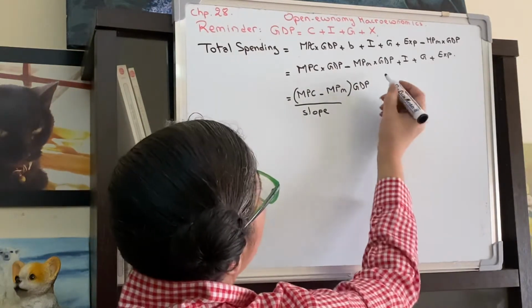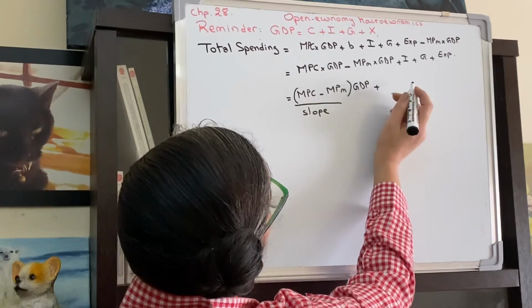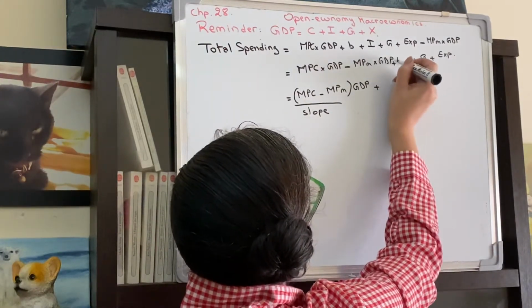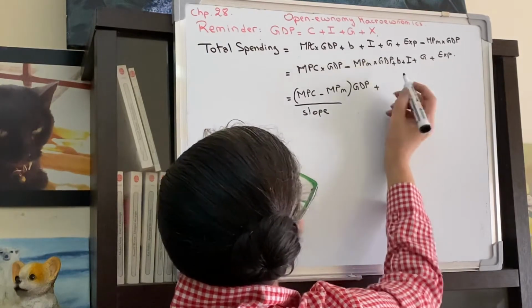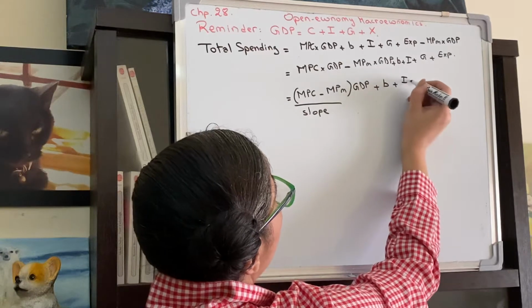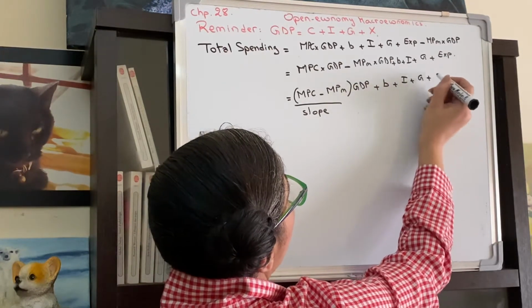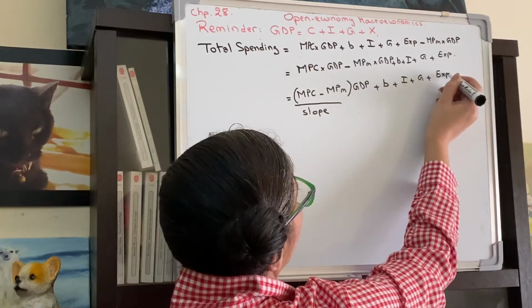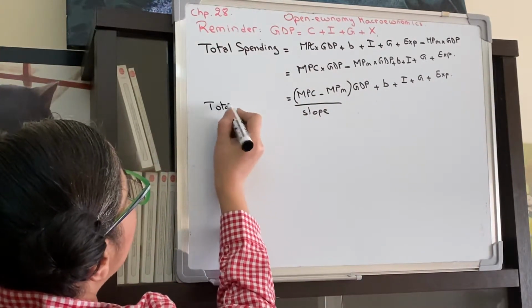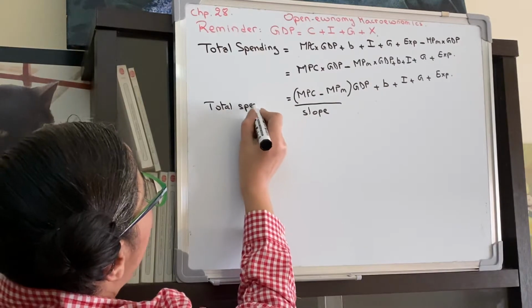Okay, then I add the constants. I forgot plus b here. Plus b, then plus I, plus g, plus exports. Okay, that's your total spending function.